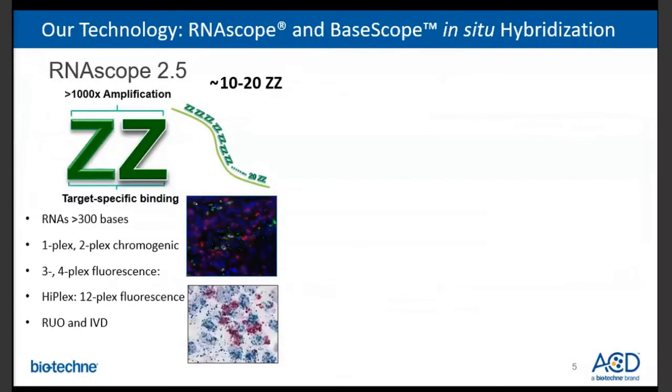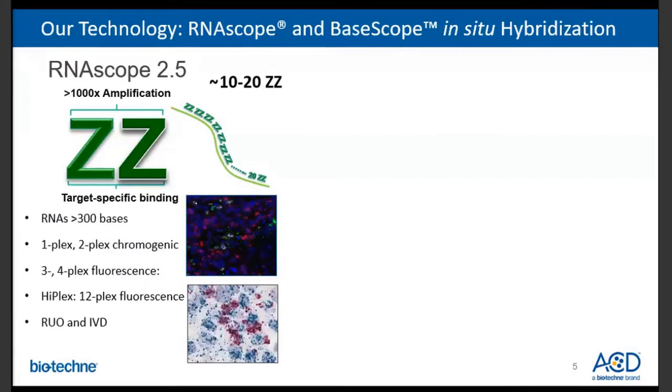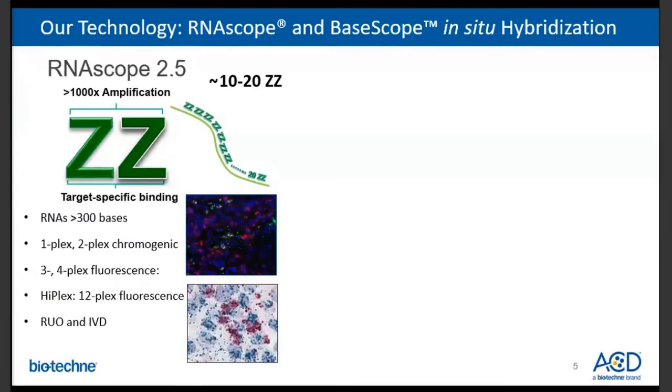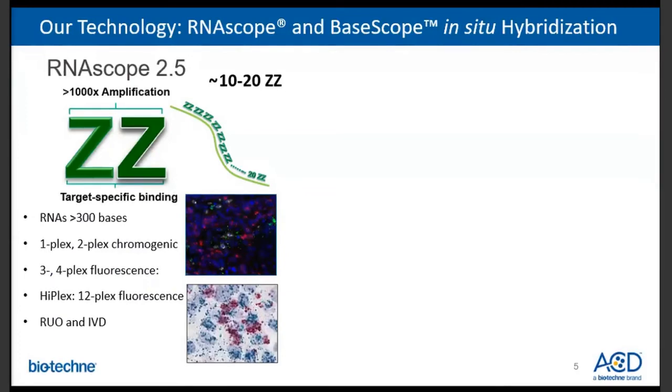RNAscope is our most familiar platform that we have. It is the core technology that we've had, and it's specific for RNAs to target more than 300 bases of your sequence. It comes in one plex, 2-plex, up to about 12-plex for our newer high-plex assay. And this is for research use and also IVD as well.